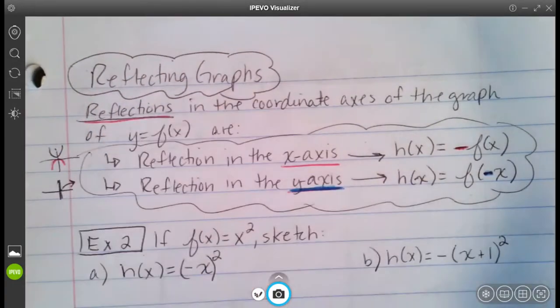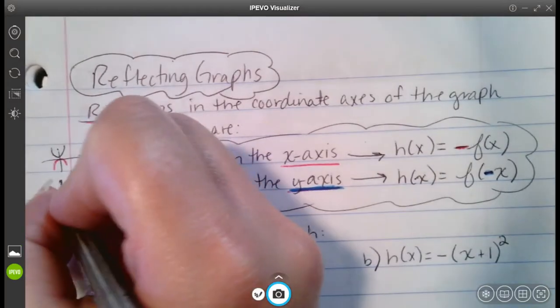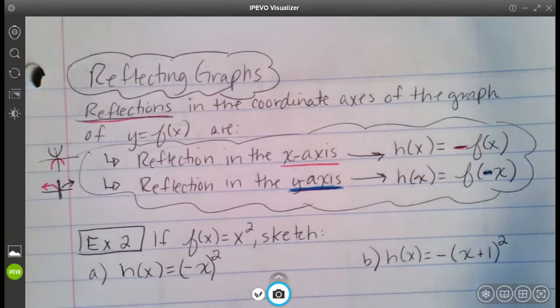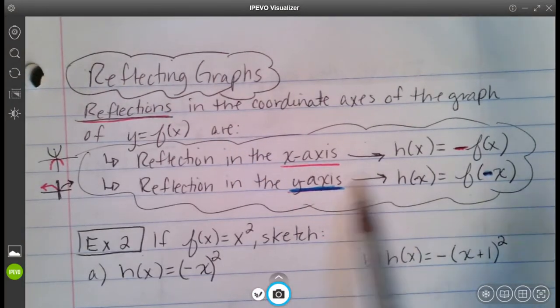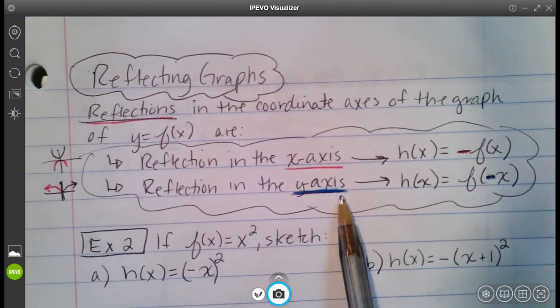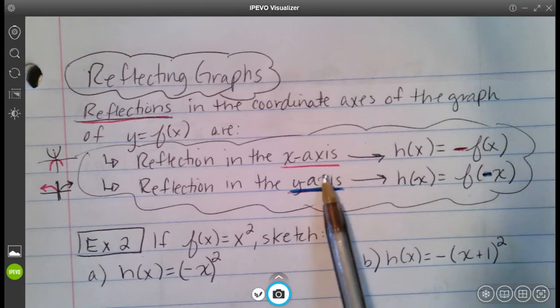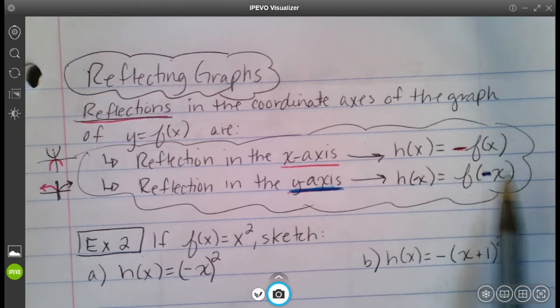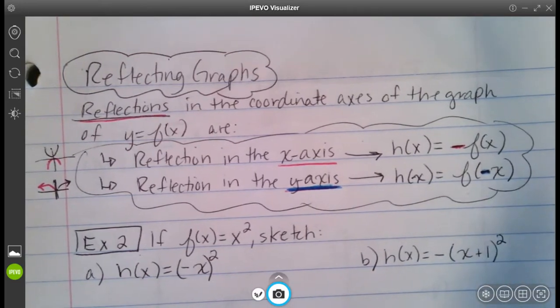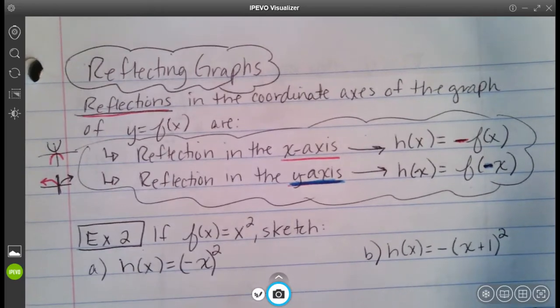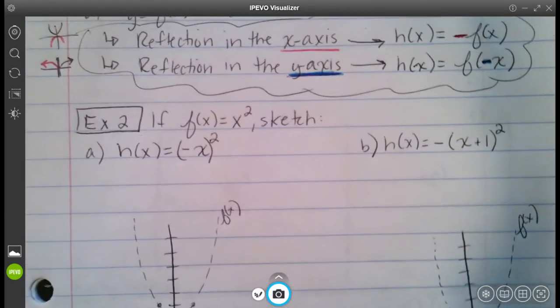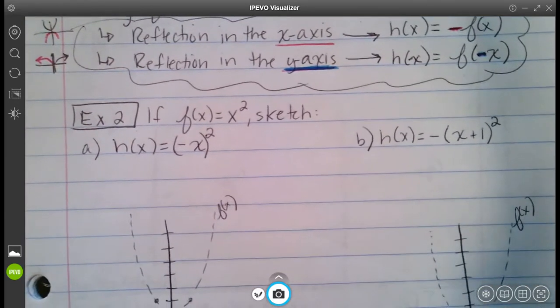There's our OG, and that one flips that way. And all you do is change the opposite values, just like we did with even and odd symmetry, or not symmetry, when we're doing symmetry over the x and y, where we change the values. It's the same concept, okay? So let's go ahead and look at some examples. We have example number 2, and I'll go ahead and scroll up in a little bit for this part.